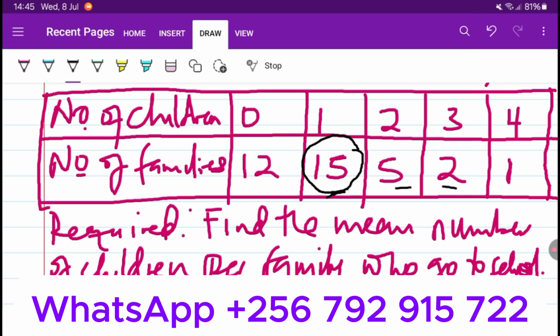As the number of kids increases, it means that if I'm to make a decision on the housing plan for the next estate, I will know that most of the families have, let's say, 1 kid. Because if you look at the 12 families that don't have any kid that goes to school, maybe they are still having young people.